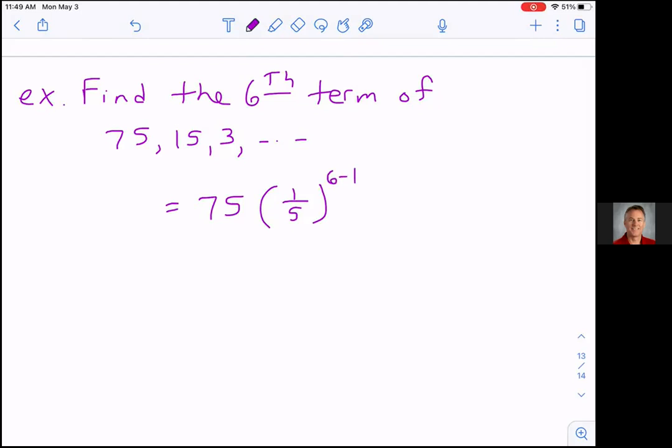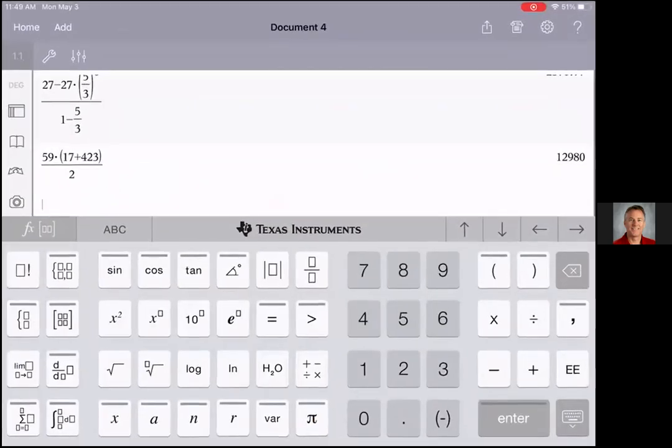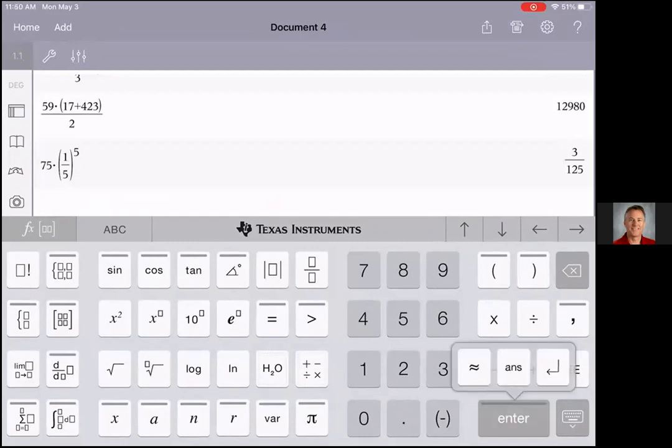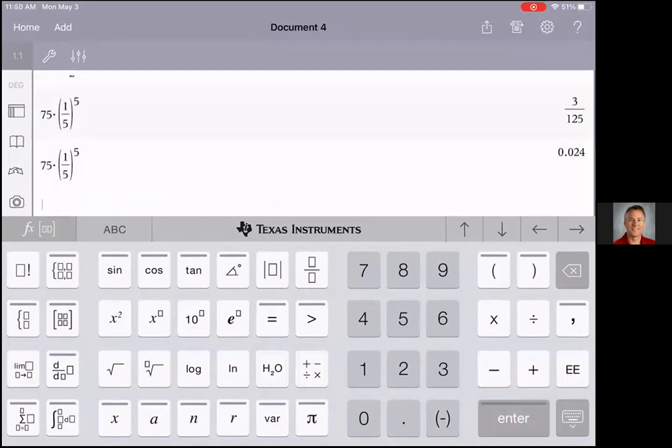So it's 75 times 1/5 to the 5th power. Again, I have a fraction, which is correct, but to get a decimal approximation for my homework, rounded to the nearest thousandth, would be 0.024.